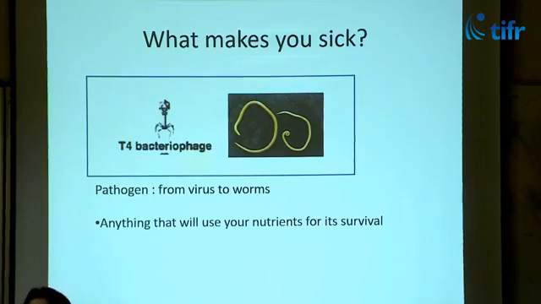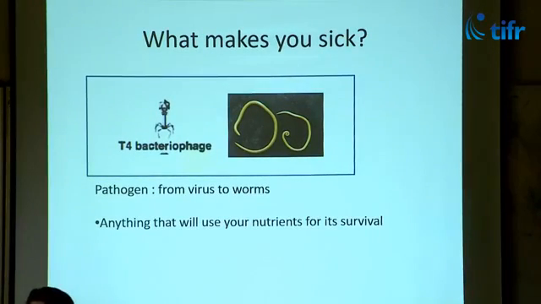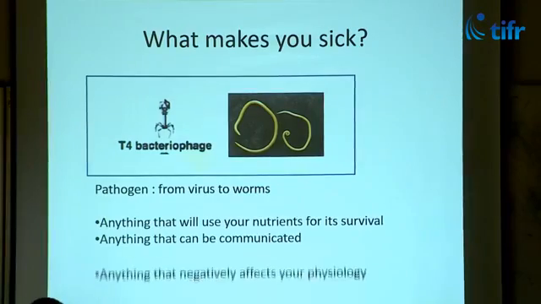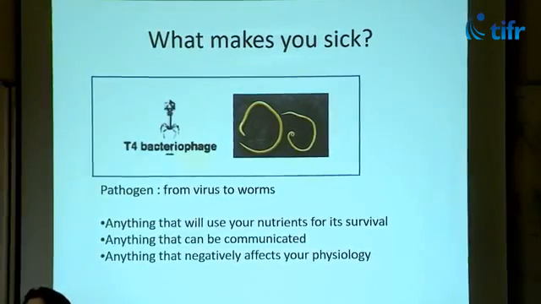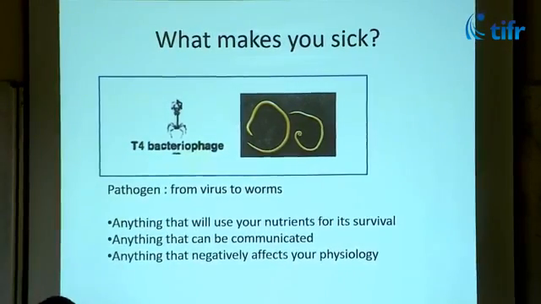That means it has to use your resources, your body's food, to make its own food. And so there are pathogens which can also steal your food literally, but most pathogens use your resources. Then there is anything that can be communicated, that anything that can be transferred from one person to another. And the third is anything that negatively affects your physiology. As I said, anything that harms your body and makes your body act in a way that is not normal.